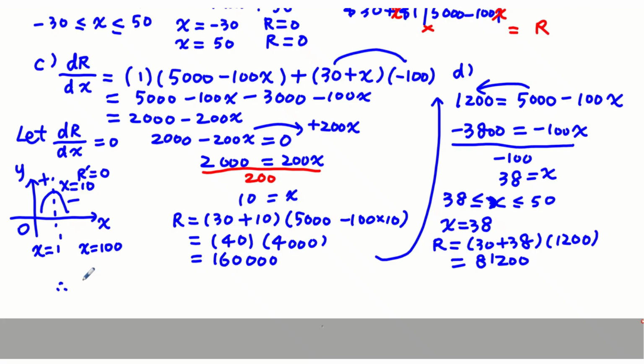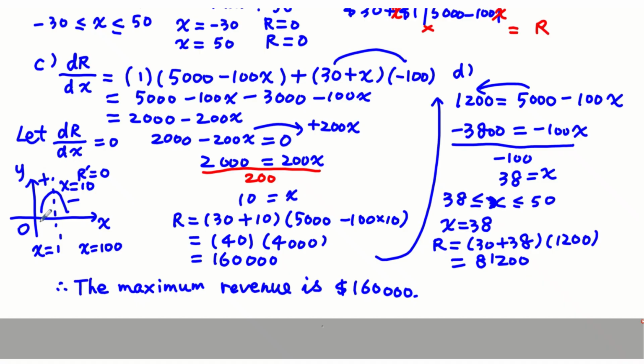So the maximum revenue doesn't change. The maximum revenue is $160,000. So the endpoint didn't change the maximum revenue.